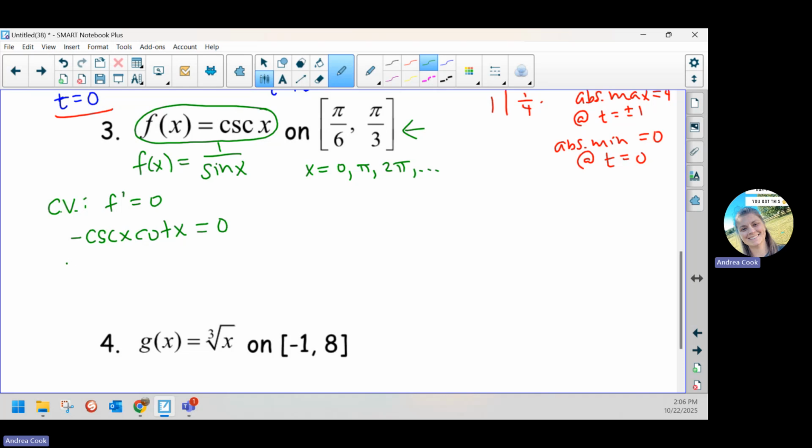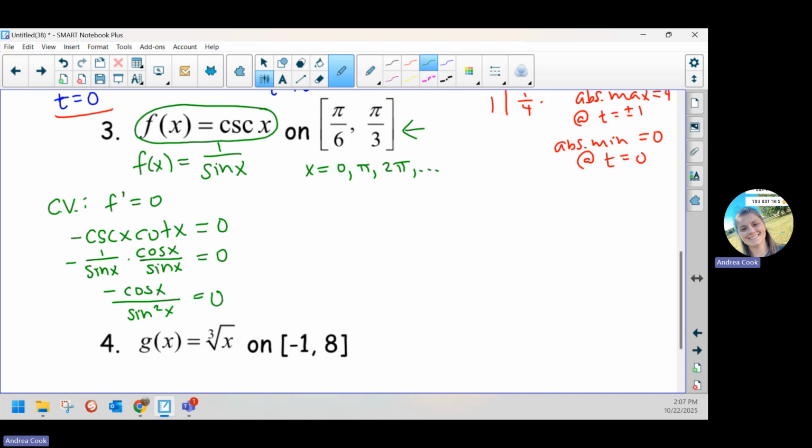So I'm going to change this to negative 1 over sine x times cosine x over sine x. So that's really negative cosine x over sine squared x.